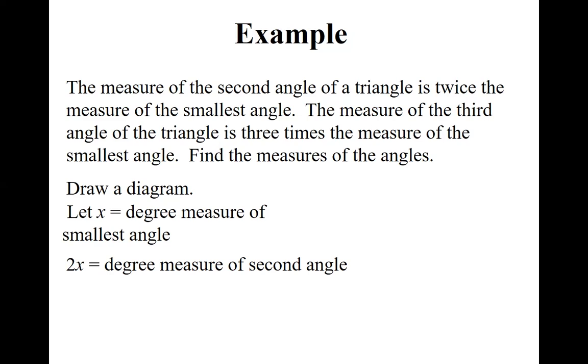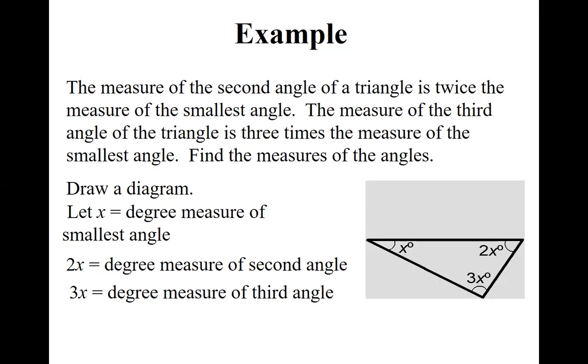So 2 times x would be the degree measure of the second angle. The measure of the third angle is 3 times the measure of the smallest angle. 3x equals the degree measure of the third angle, therefore. So in our diagram, we have angle measures of x, 2x, and 3x.